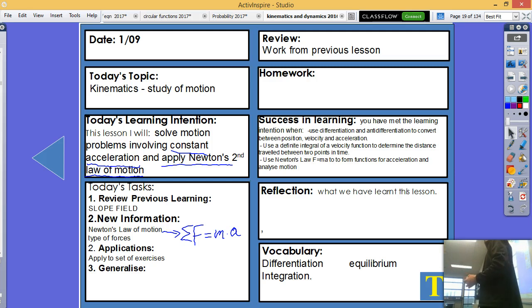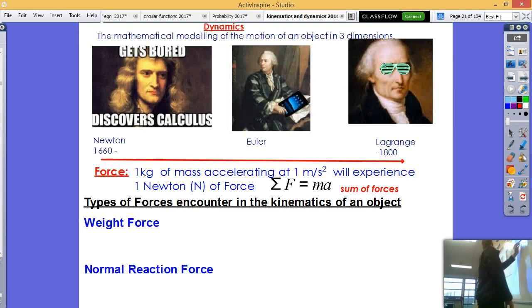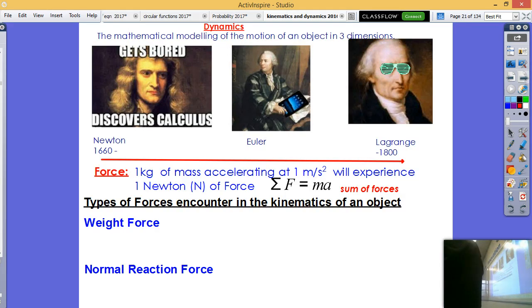Is it 2D motion? Yes, 2 dimensions. I and J mostly. A little bit of K. Okay, so it was all based on these guys' work, from Newton in 1660 up to Lagrange in the 19th century. They were all pretty hip.